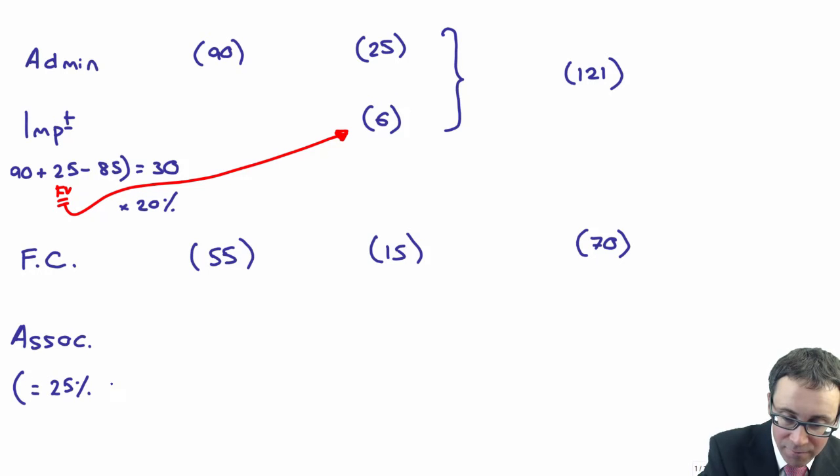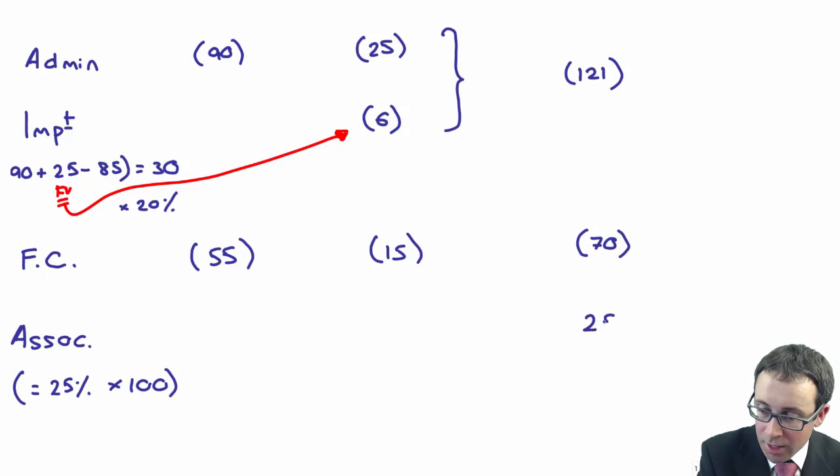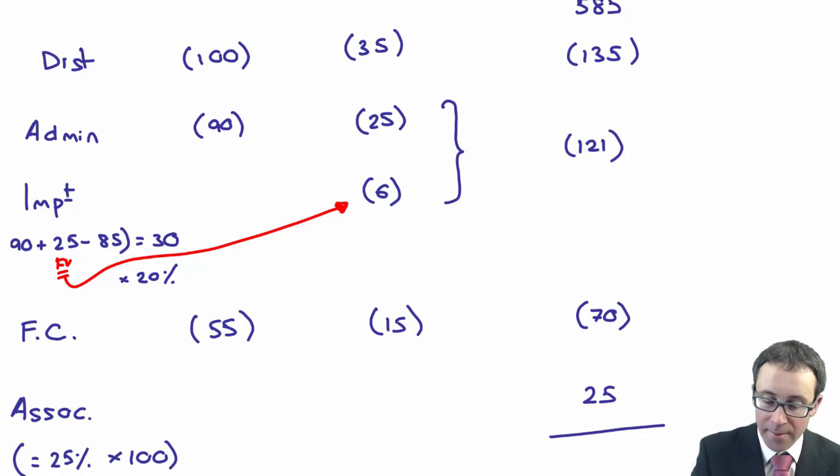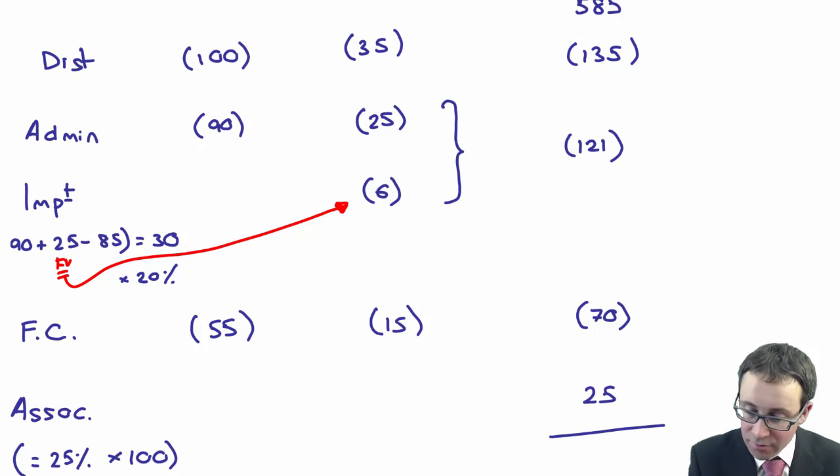So it's just 25% of 100. Okay. So we can throw in the 25 there. PBT, 585 less 135 less 121 less 70 plus 25 gives me 284. Okay.